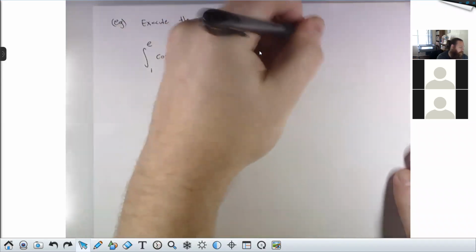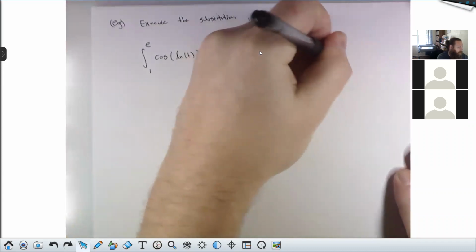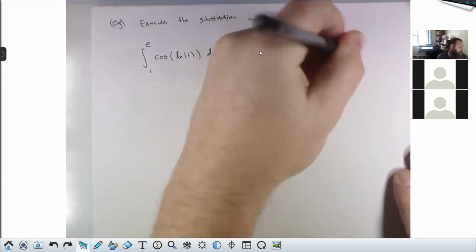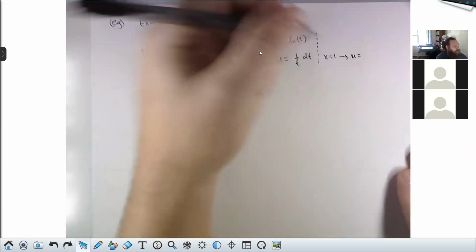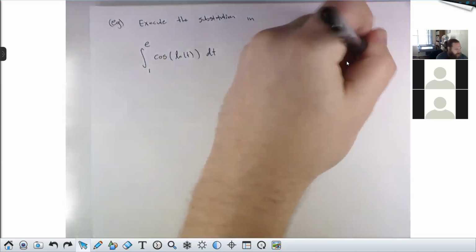And I would change my bounds. When t is equal to 1, what is u going to be equal to? I'm making this substitution, u equals natural log of t. What does the lower bound of 1 turn into? 0? Yeah, good. It would be the natural log of 1.